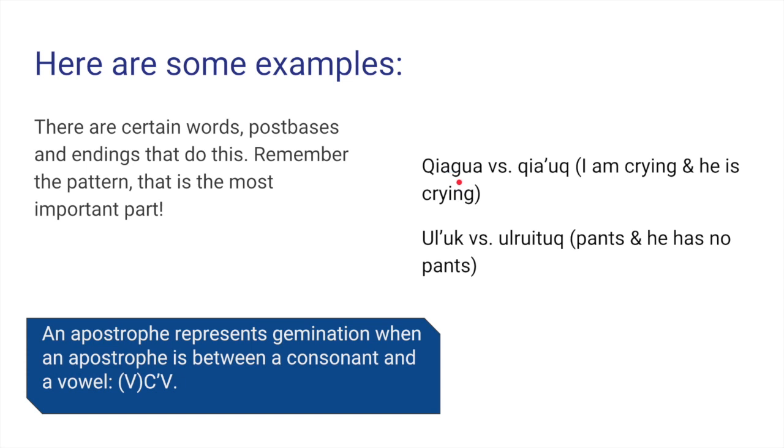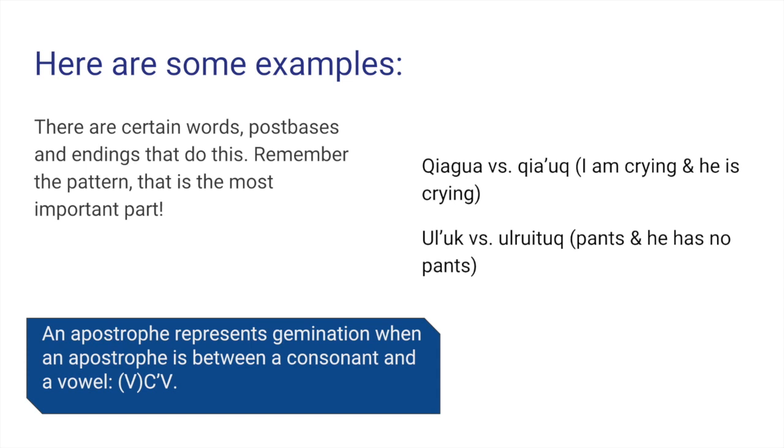I remember when I learned this rule, it filled in so many gaps in my learning to that point. It was like, oh my gosh, this rule is what I've been missing in trying to figure out endings or postbases for words that I didn't quite grasp yet. So I hope that you feel that way too.